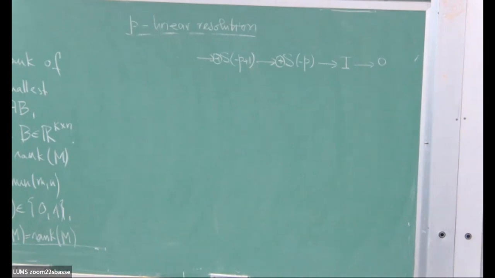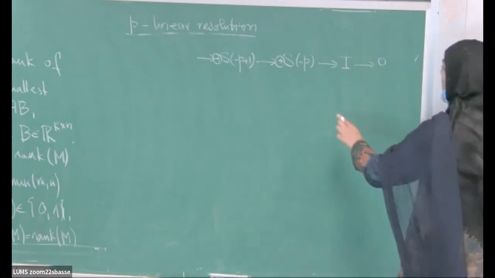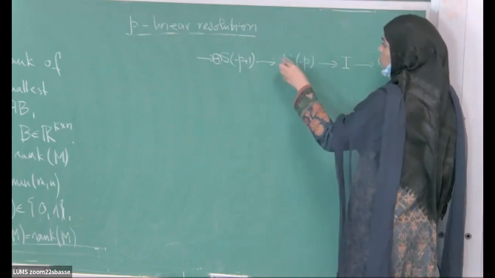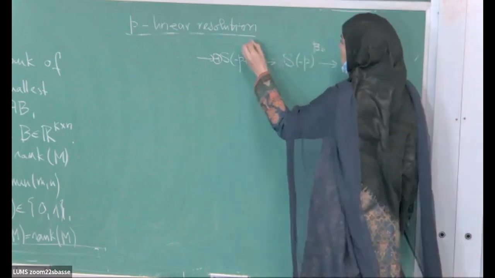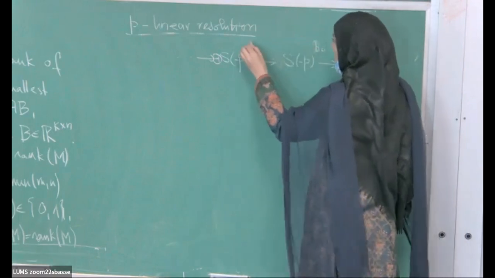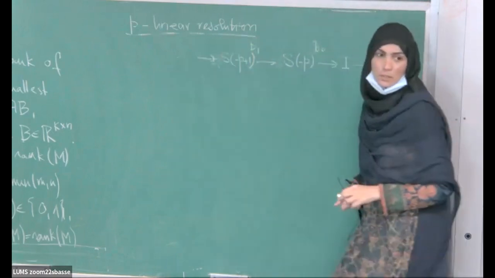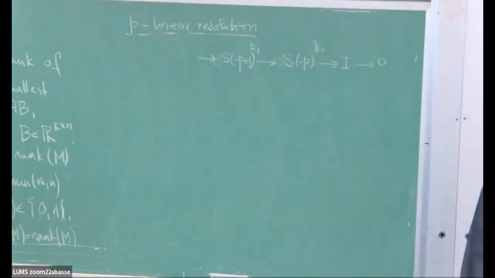This is a special kind of free resolution where the shift is increasing by 1 each time. At the first step it is minus p, and then minus p plus 1. Let me write the Betti numbers here, maybe beta_0, beta_1, and so on, instead of writing this sum, because every time you will get just copies of the same shift.